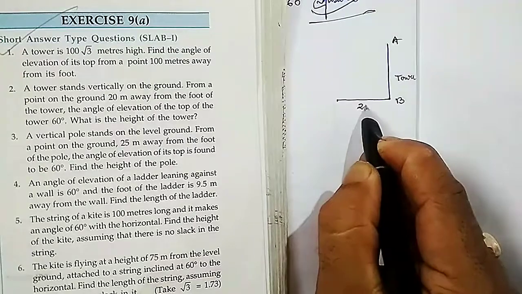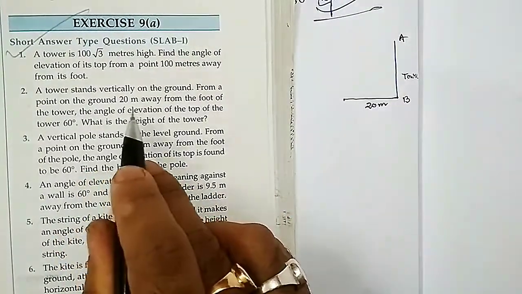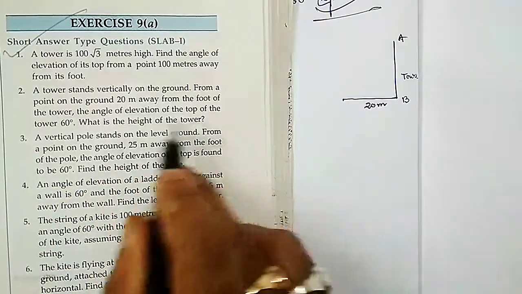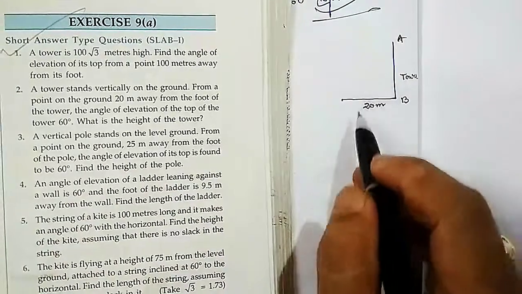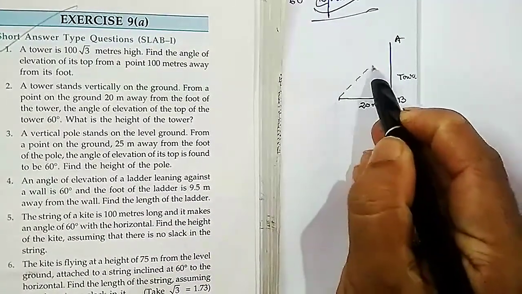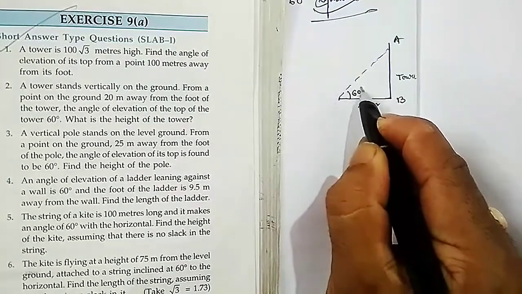So this distance is 20 meter. The angle of elevation of the top of the tower is 60 degree. So if I join these two points, then this angle will be 60 degrees.